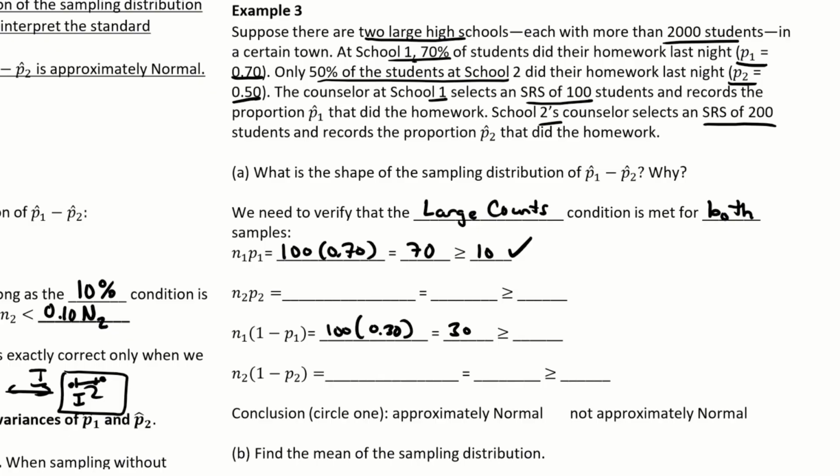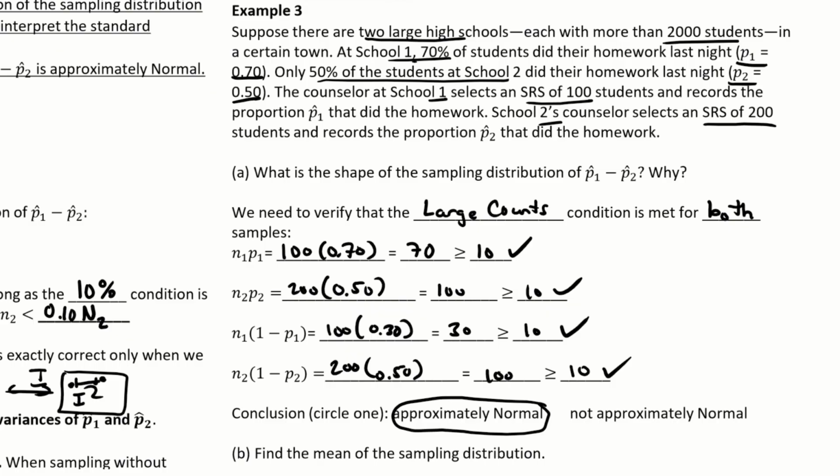For the second sample, we had 200 and the proportion was 0.50, which is going to be 100, of course greater than 10. Then 200 times 1 minus 0.5, still 0.5, so it's still 100, greater than 10. All right, good. So therefore it has to be approximately normal.